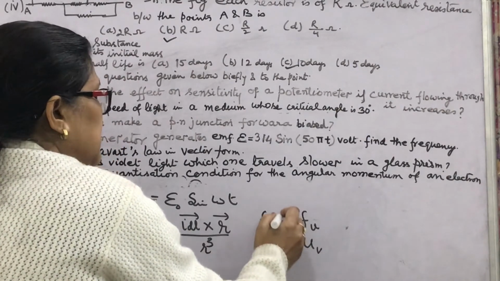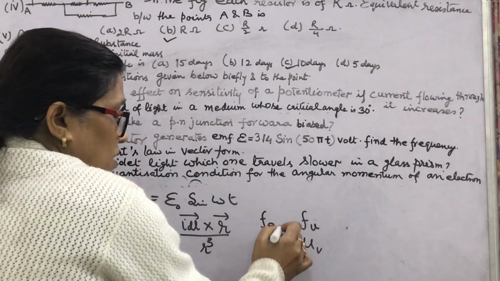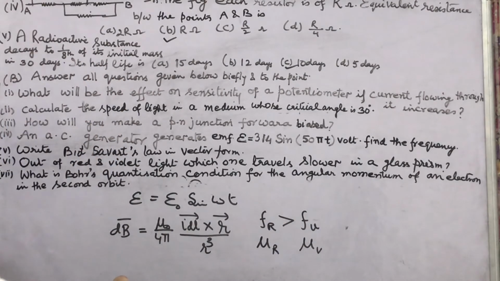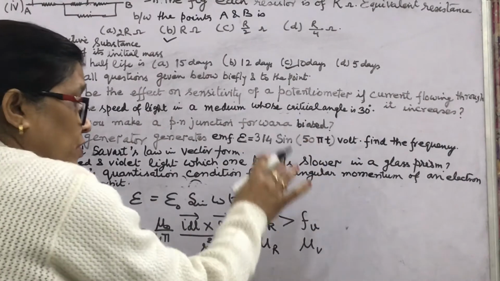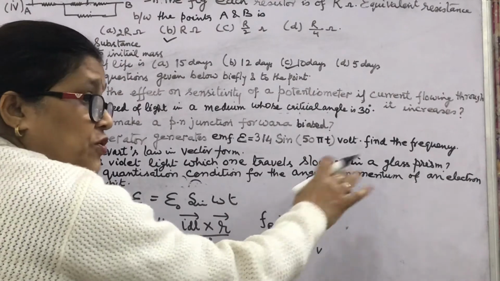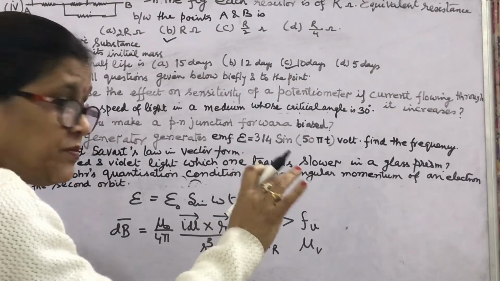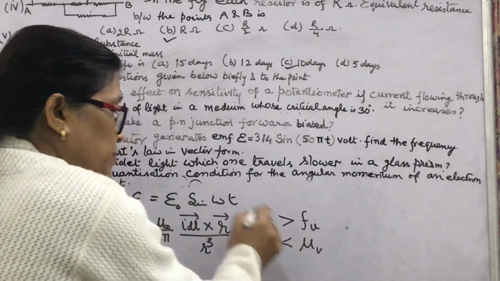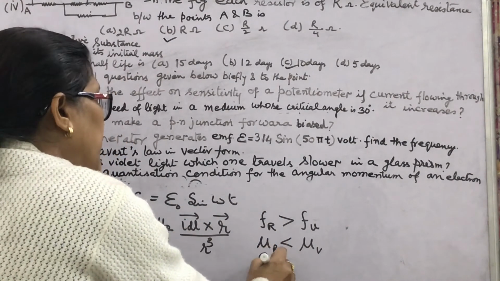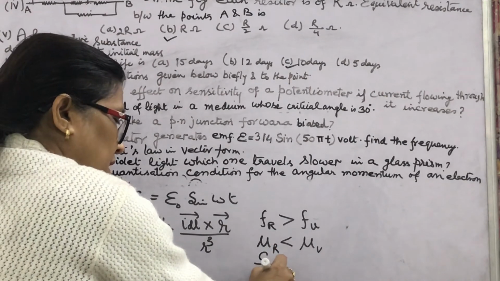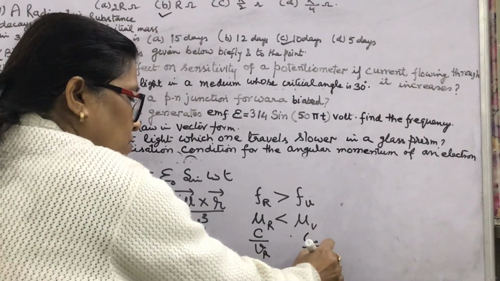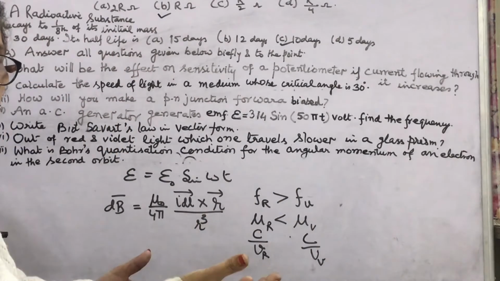If you write like this, the focal length of red is greater than the focal length of violet, and from the lens maker's formula you have seen that 1 upon f is proportional to mu, that is mu and f are inversely proportional. So what sign are you going to put here? Now mu equal to c upon v for red color, and here you write c upon v for violet color.